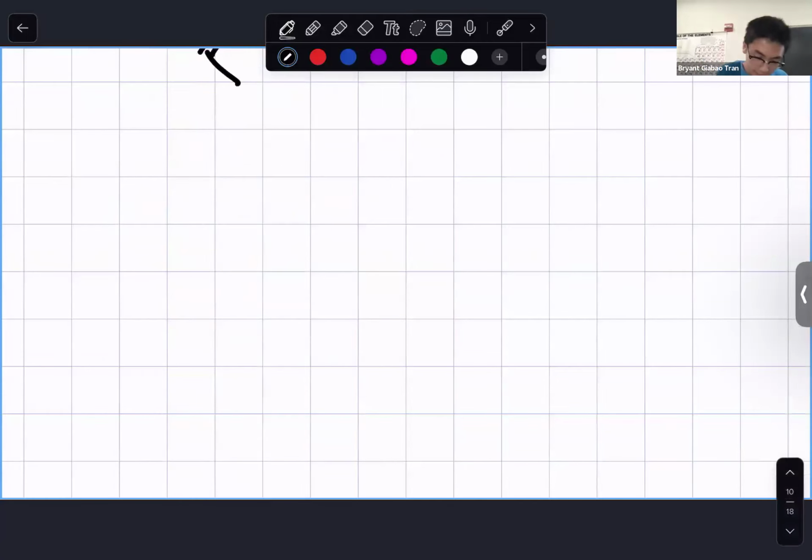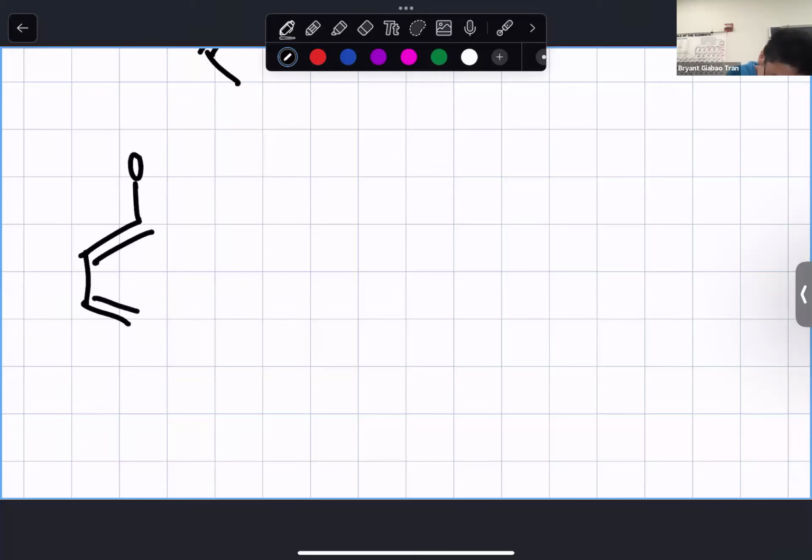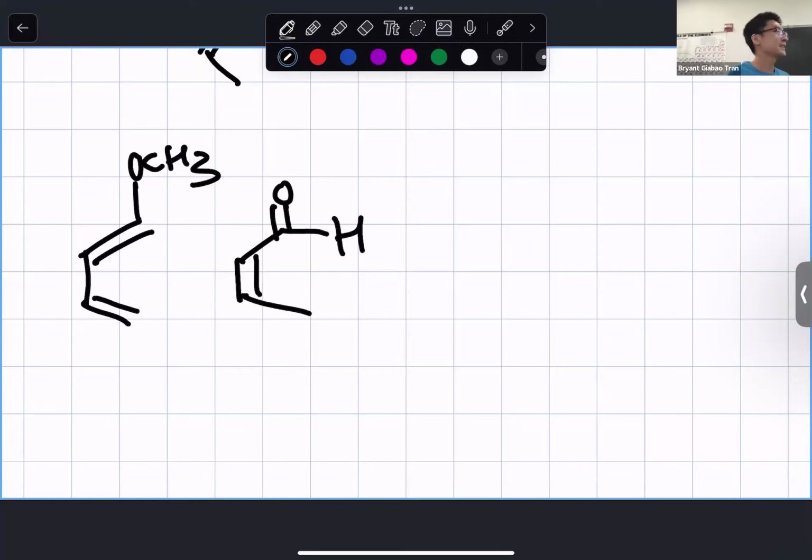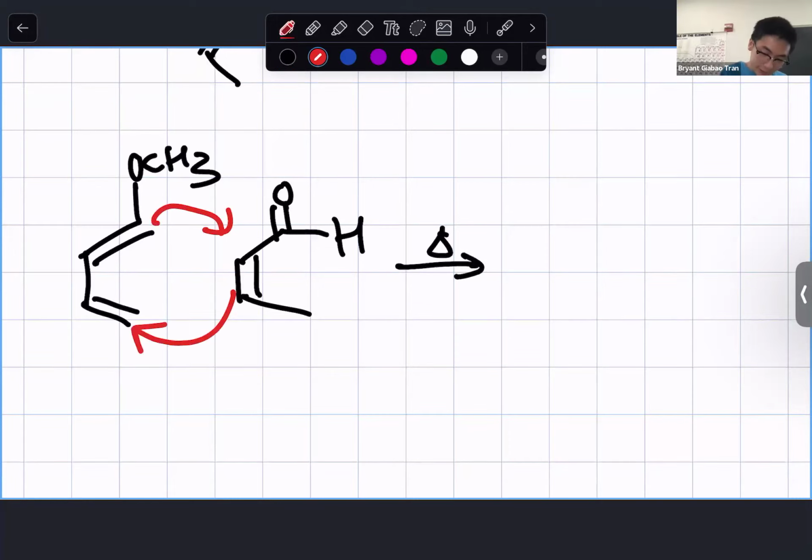Let's do examples. Let's say we have the same diene with the same EDG and this dienophile with the same EWG, but this time the methyl group is going to be cis, right? We know the charges align, we know the arrows, we know the product.